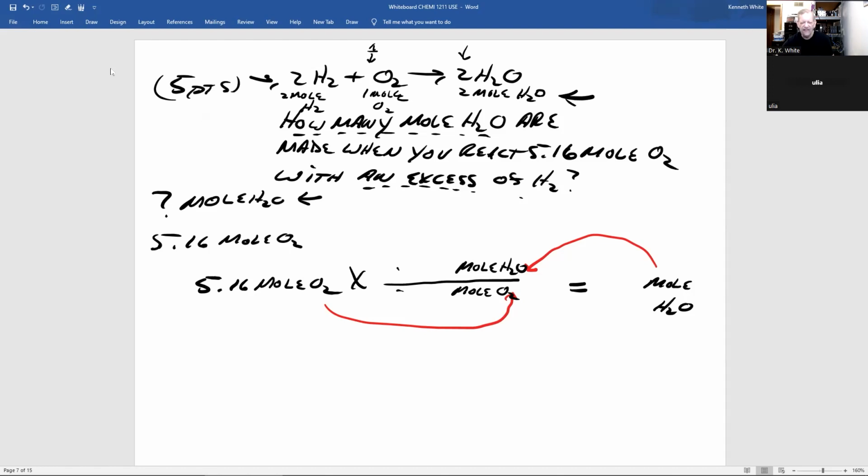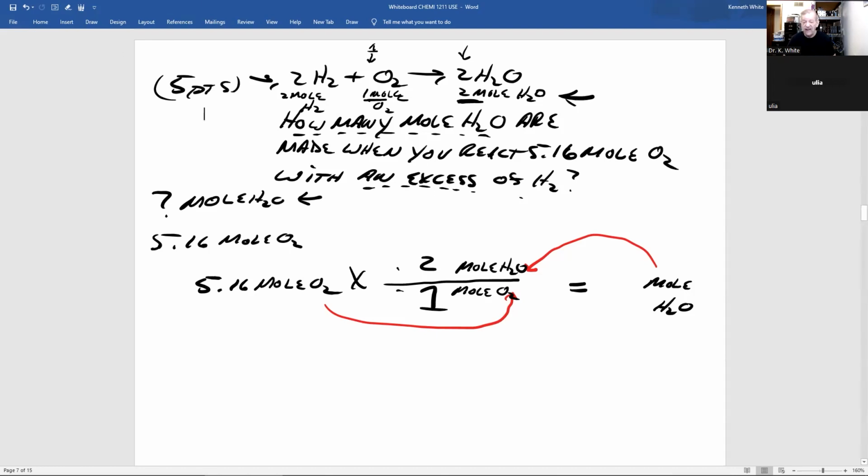I see for every 1 mole of oxygen gas, which I get here, makes 2 moles of water. Again, look at the balanced chemical equation. The coefficients give you molar relationships. Here, 2 moles of hydrogen.